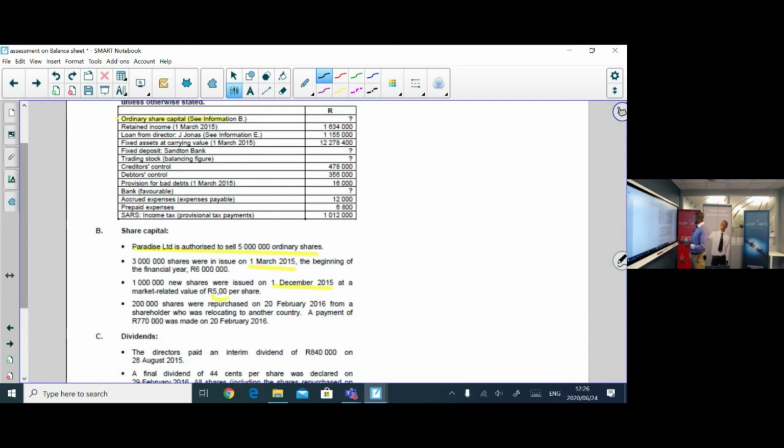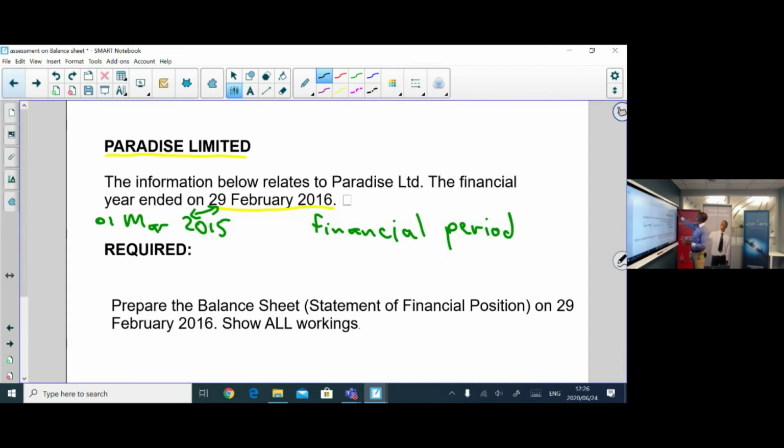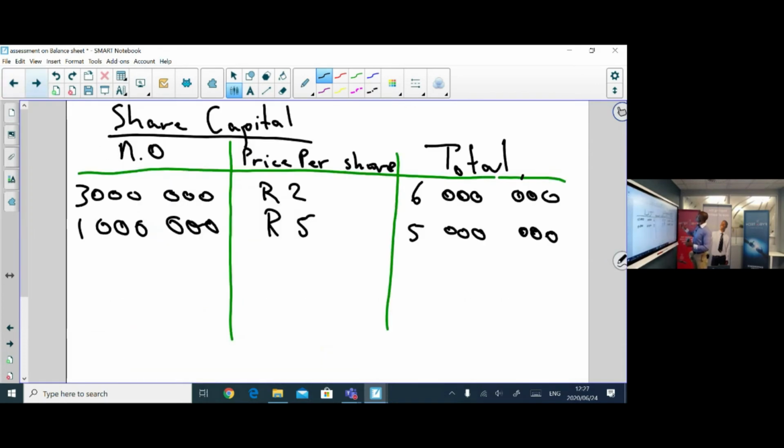Repurchased shares, we're going to use the average share price, that is 2.75.